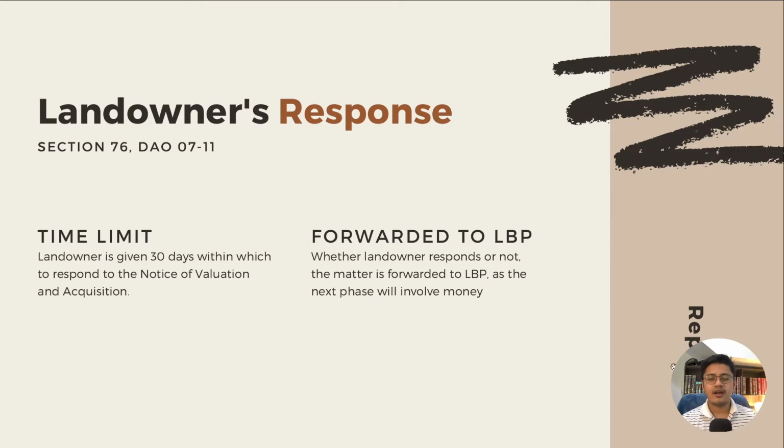All right, 30 days is given to the landowner under the rules to reply. Okay, if the landowner does not reply within that period of 30 days, then it is considered as no reply, and therefore proceeds to the next phases according to the rules.